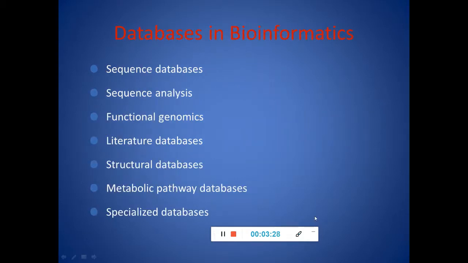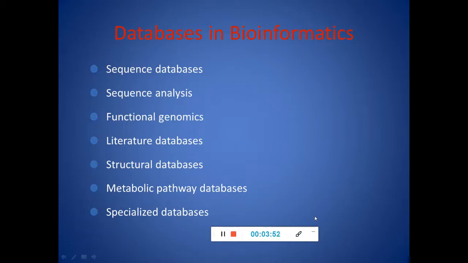And so you can classify the databases in bioinformatics as different databases. They can be considered as sequence databases. They can be considered as sequence analysis databases, or sometimes they can serve as a factor for functional genomics, that is to find out what is the function of every genome.